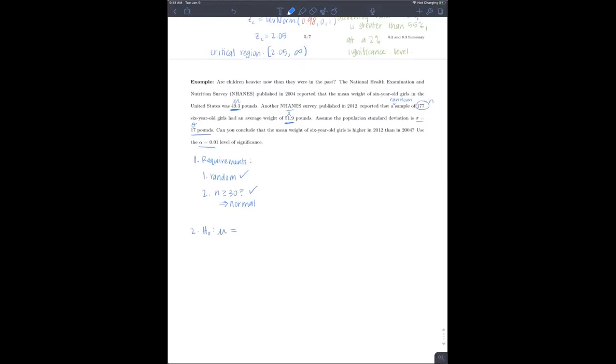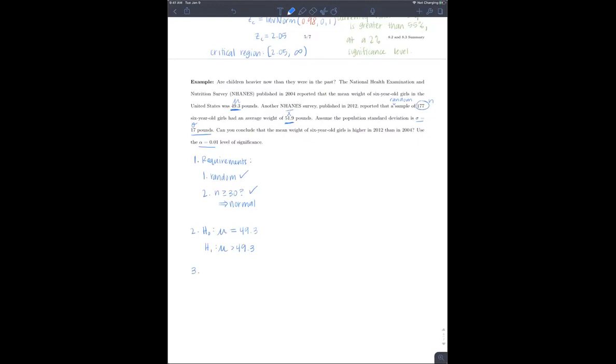And what am I told that mu is equal to in the beginning? We already talked about that. It's 49.3. And then do I think that it's greater than, less than, or not equal to 49.3? Greater than. Yeah, greater than.